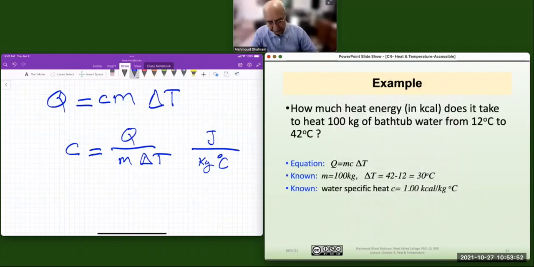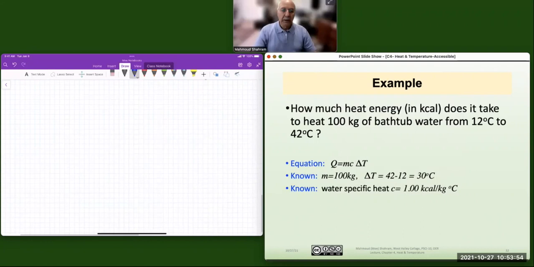Let's do an example. We want to find out how much heat energy in kilocalories it takes to heat 100 grams of bathtub water from 12 degrees C to 42 degrees. So we just use the equation that we have here. Q is equal to mc delta T. All right.